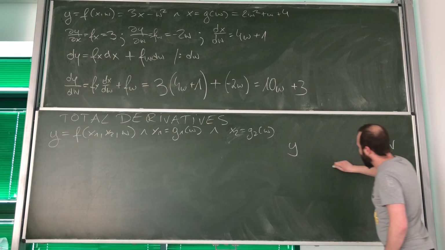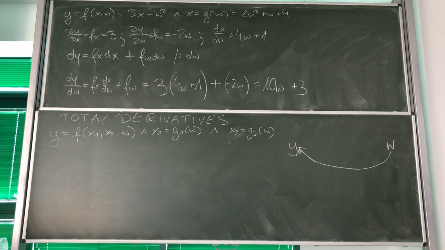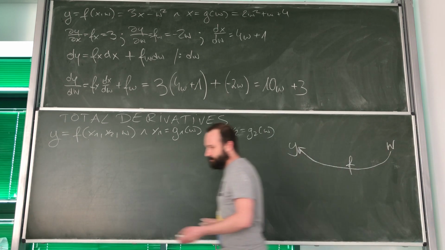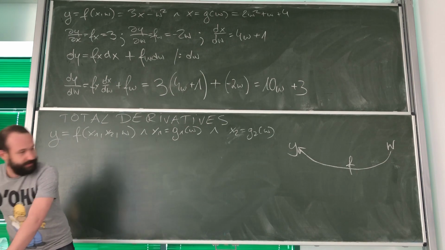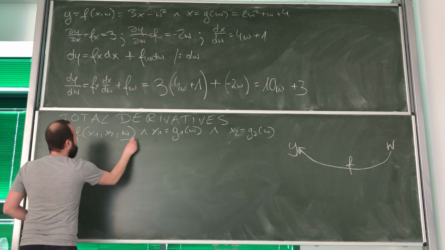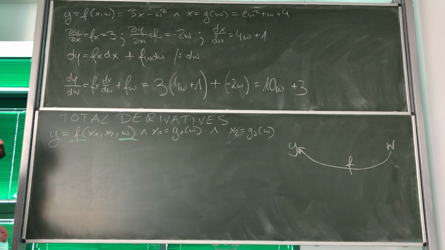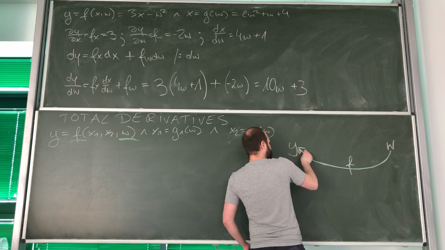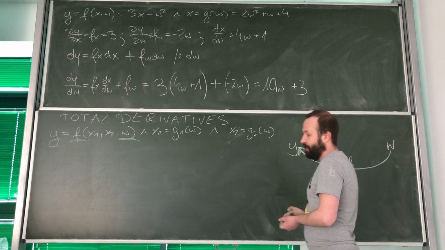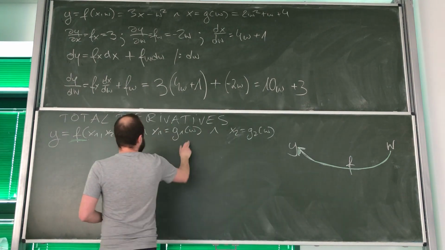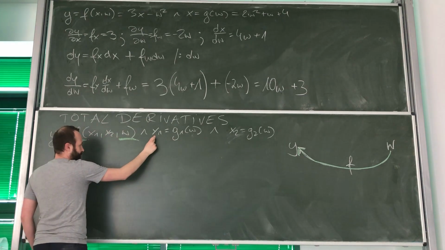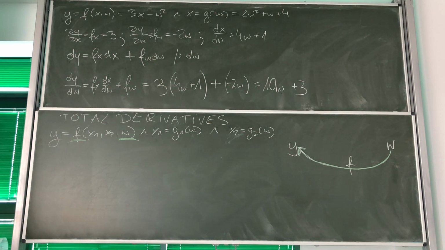First, it can be done directly through function f. Okay, let's use colors to distinguish between the channels. So this would be this direct channel that we see over here. We also see that w through function g1 influences x1 and then x1 influences y.